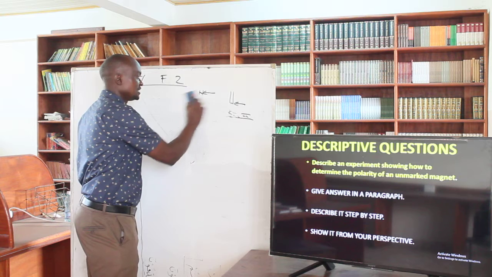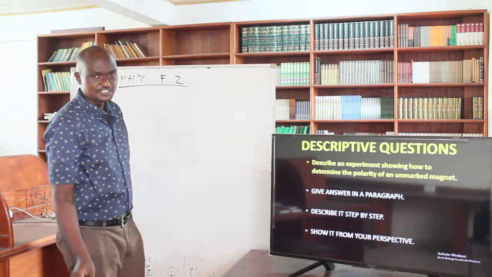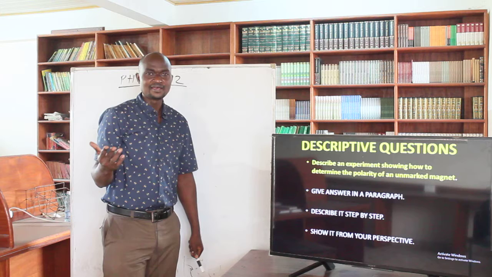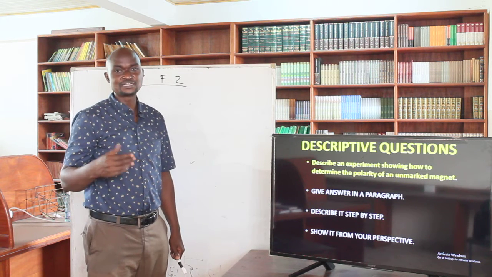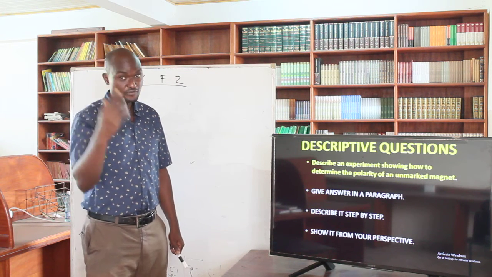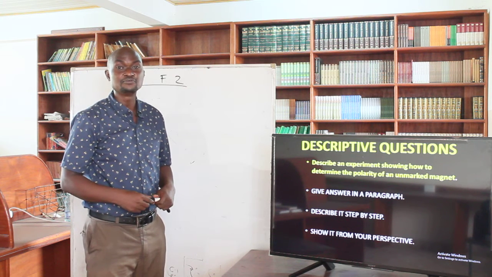Now, this is from the topic of magnetism. We talk about the properties of magnets, and there are two. One is what we call the polar property, and the other is what we call the directional property. Both of those properties can be tested experimentally, and you get to know the polarity.